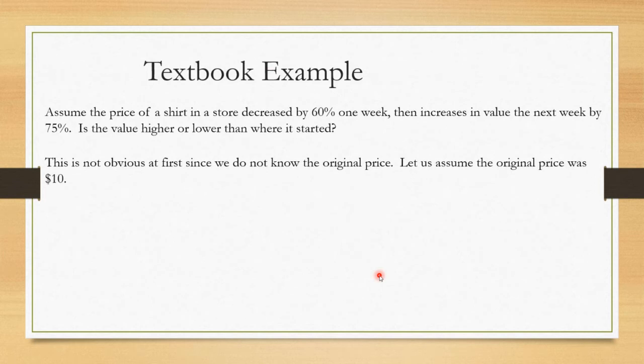Does it have to be $10? No, but I just chose $10 randomly. I think in the book they choose $100, but you'll see this conclusion is going to be the same. So after the first week, the price decreased by 60%, meaning 60% of 10, whatever that is, that's the amount of decrease.